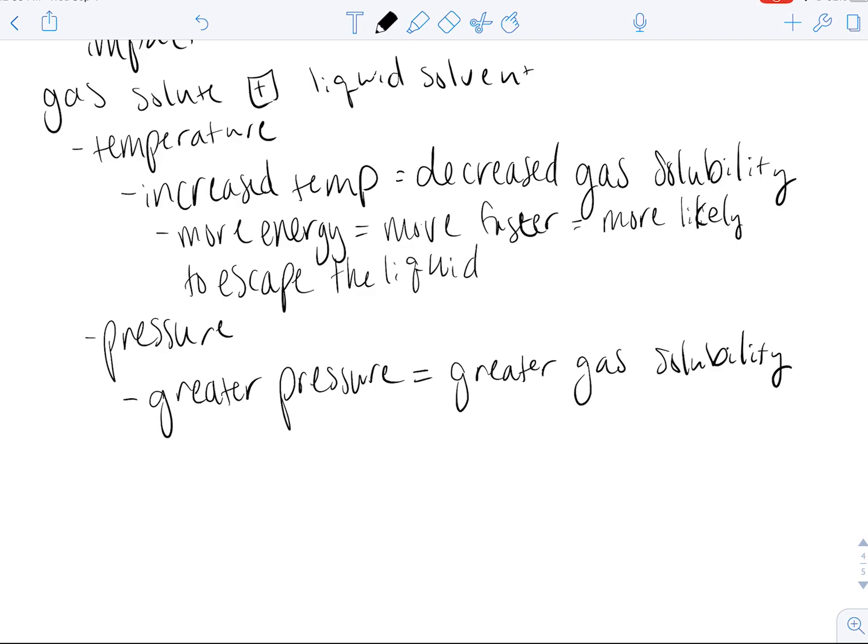This whole idea of greater pressure, greater gas solubility is why we pressurize cans of cola to get more CO2 into the cola.